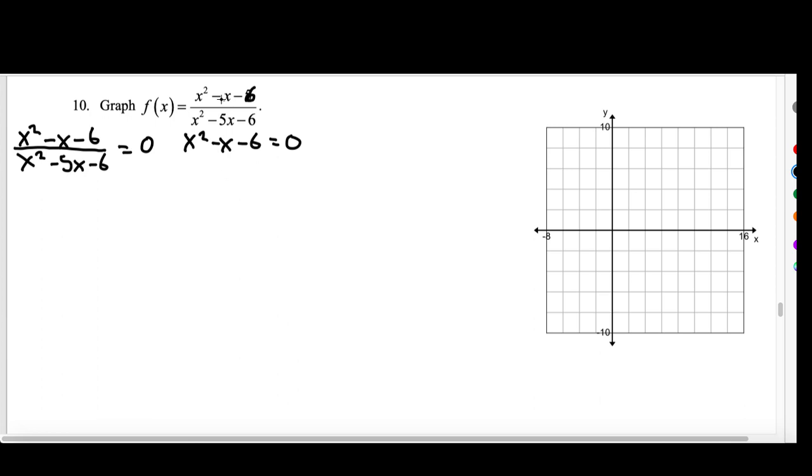So in other words, when we're finding the x-intercepts, the only way for the function to be 0 is if the numerator is 0. This numerator is a quadratic, and that quadratic can factor as x minus 3 times x plus 2.